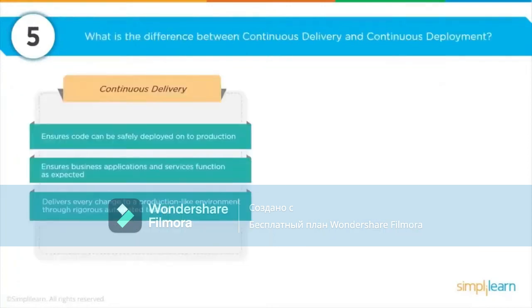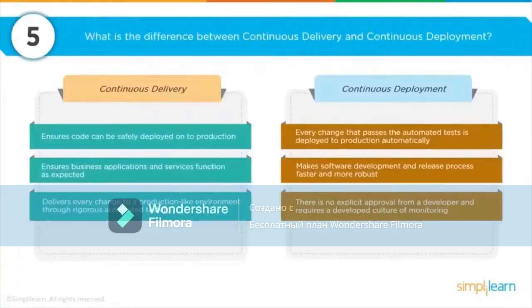So what is the difference between continuous delivery and continuous deployment? Continuous delivery is based on putting out code that can be deployed safely to production. It ensures that your businesses and functions are running as you would expect them to be.